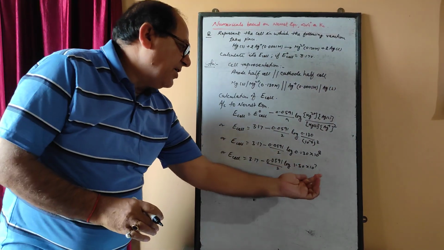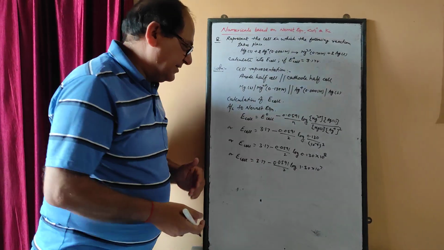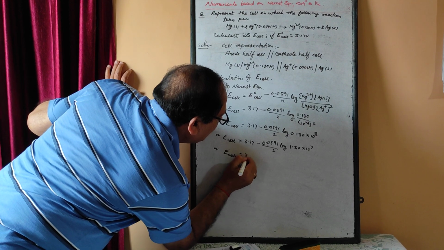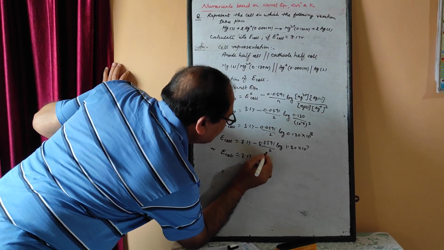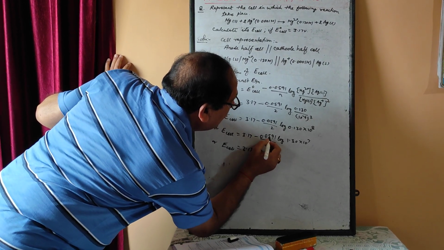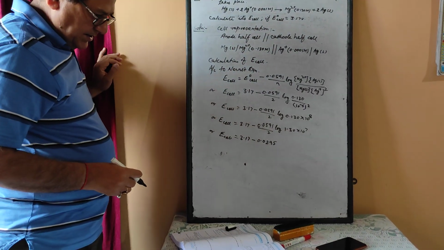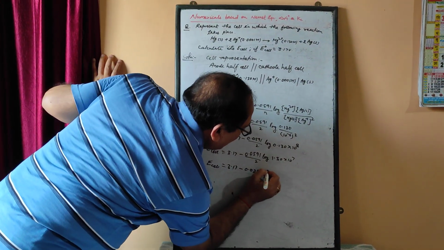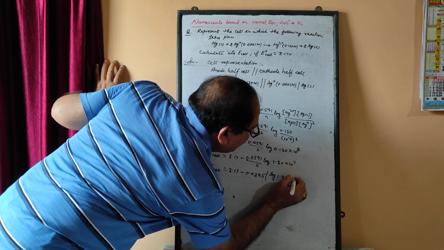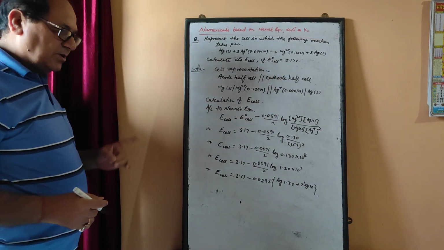Already we know log A into B is log A plus log B, and log A power B is B log A. So E cell is 3.17 minus 0.0295 approx, times log 1.30 plus 7 log 10. You know log 10 is equal to 1.